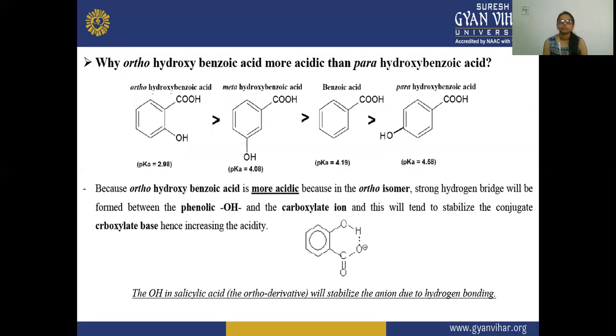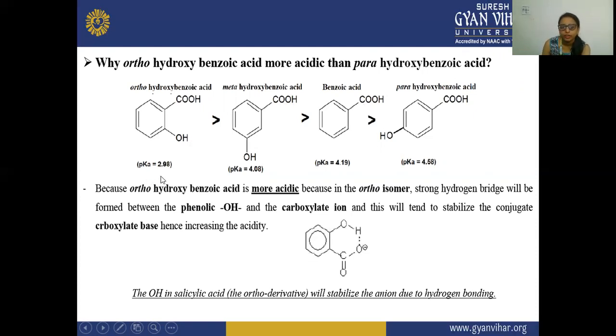Next question arises: why is ortho-hydroxybenzoic acid more acidic than para-hydroxybenzoic acid? So this is the structure of ortho-hydroxybenzoic acid, which is more acidic, because here you can see the pKa value. It is more acidic than meta-hydroxybenzoic acid, benzoic acid, and para-hydroxybenzoic acid.